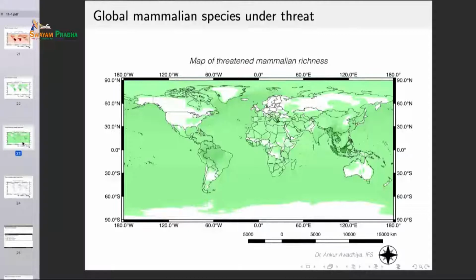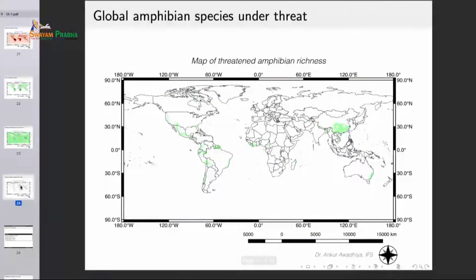Then we can also look at the number of species that are under threat. So there are certain areas, such as in Southeast Asia, that have a much greater level of threat than, say, an area in North America. Then we can also have a look at different categories of species, such as the number of amphibian species under threat.